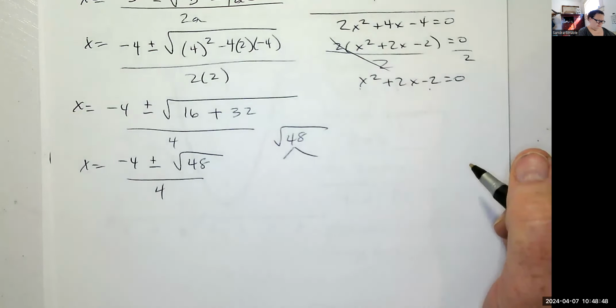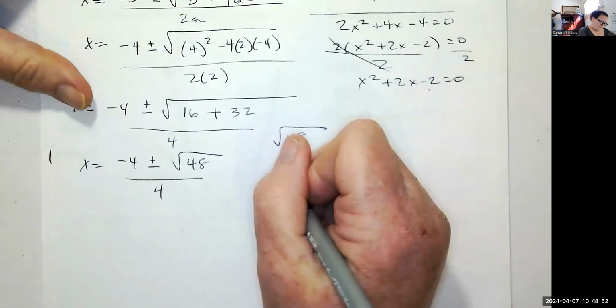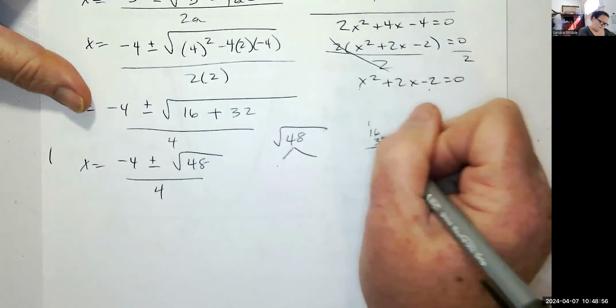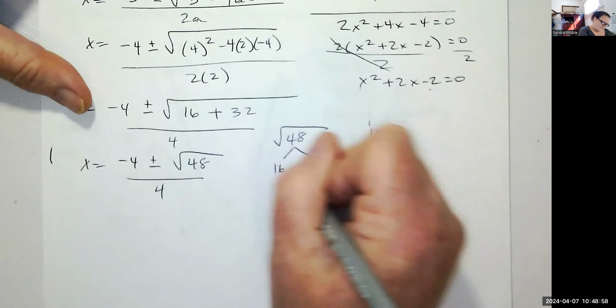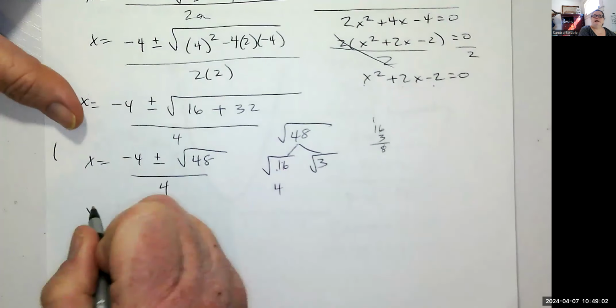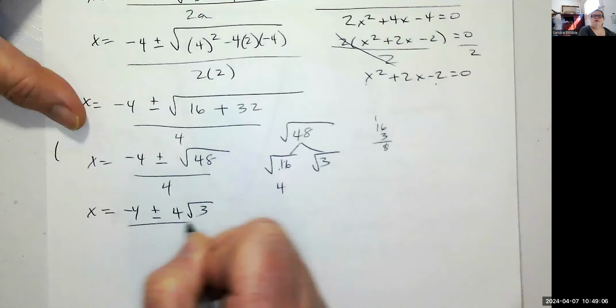No. 16 and 3. Yes. Square root of 16 is 4. So this is x equals -4 plus or minus 4 square root of 3 over 4.